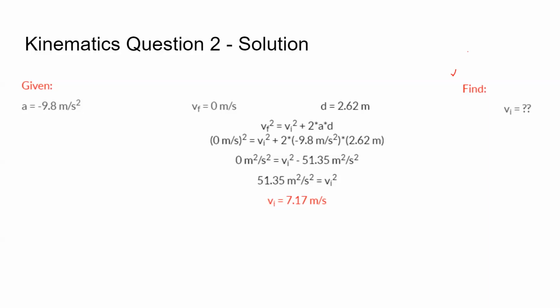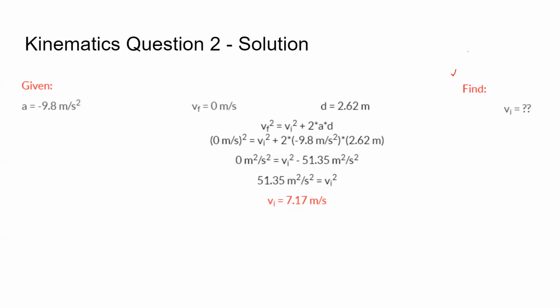We know that the final velocity would be 0 meters per second, and the displacement would be 2.62 meters. And then we are asked to find the takeoff speed of the kangaroo, which is the initial velocity.